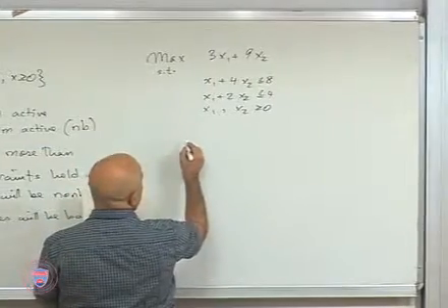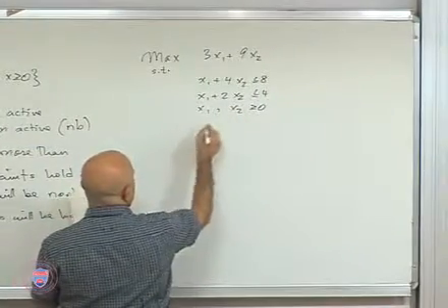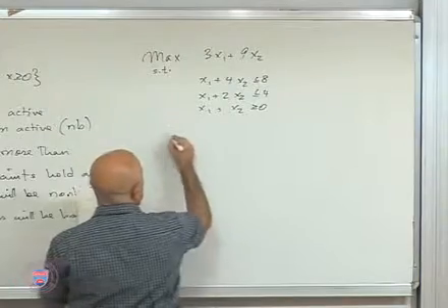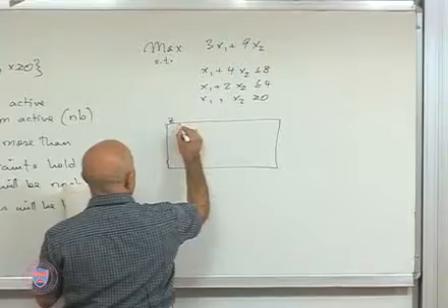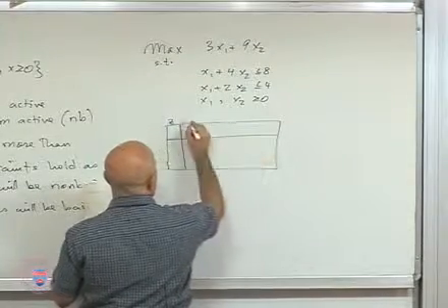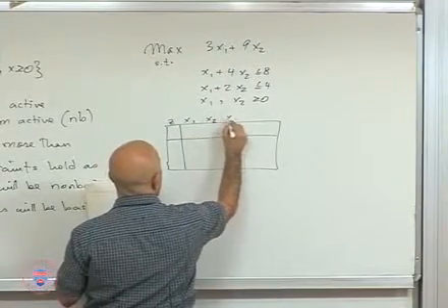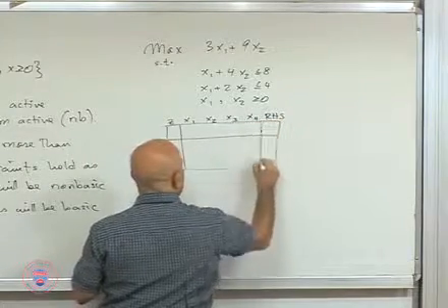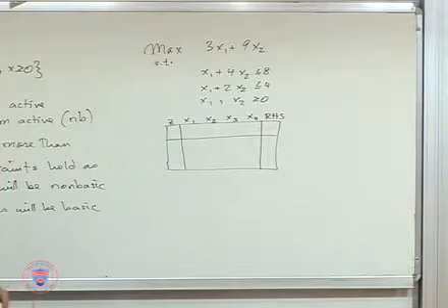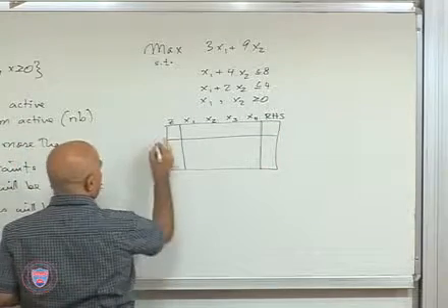So the initial, when you add the slack variables to this, the initial simplex tableau will have the following information. X3 and X4 are the slack variables added to the first and second constraints.